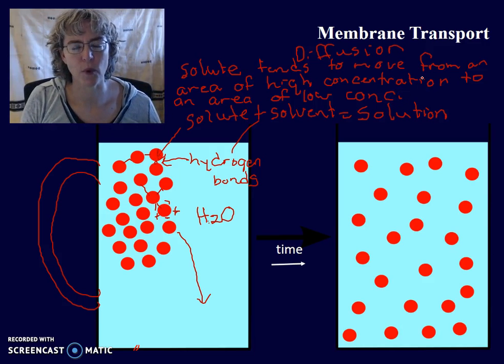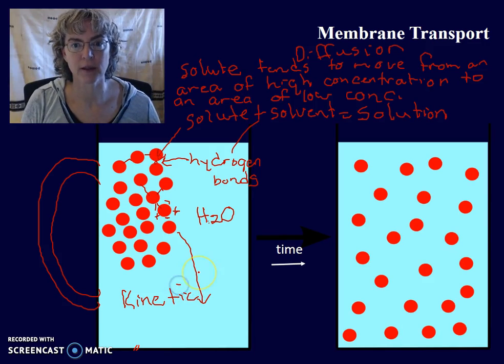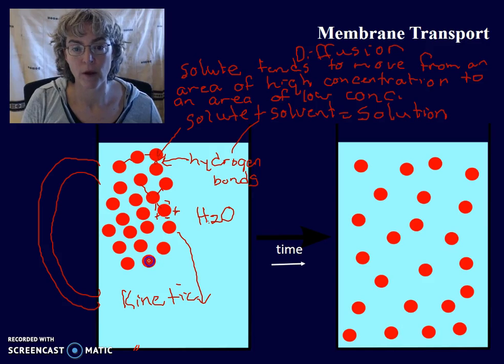So why is that? It has to do with kinetic energy. We know that all atoms have kinetic energy. They're moving. So the atoms inside the sucrose molecule are moving, which then makes the sucrose molecule move. Sucrose molecules are moving, the water molecules are moving.